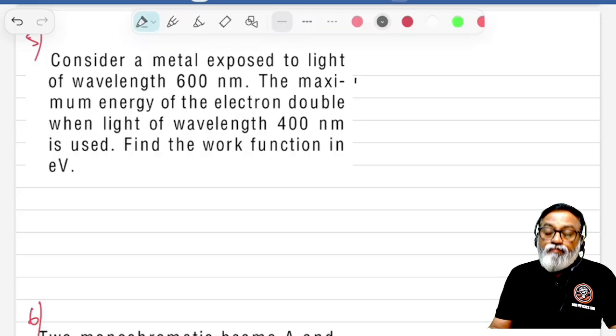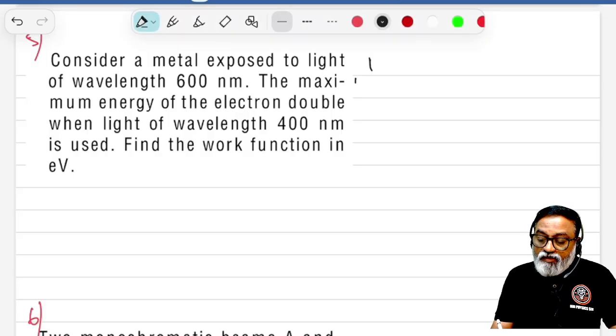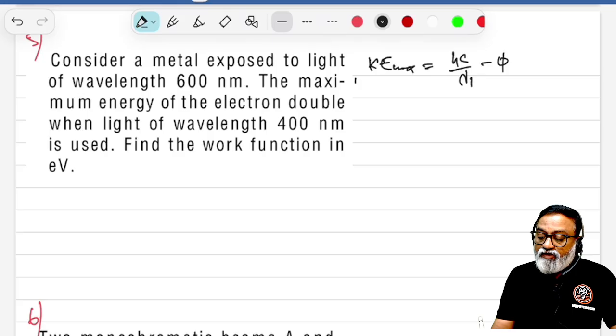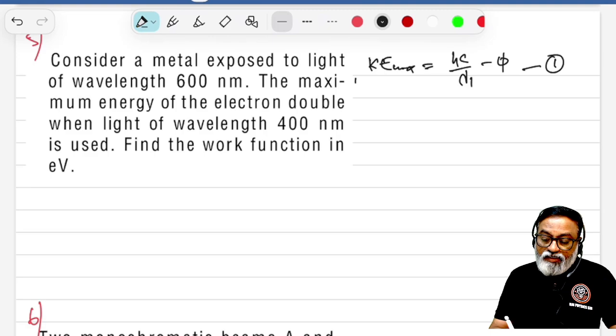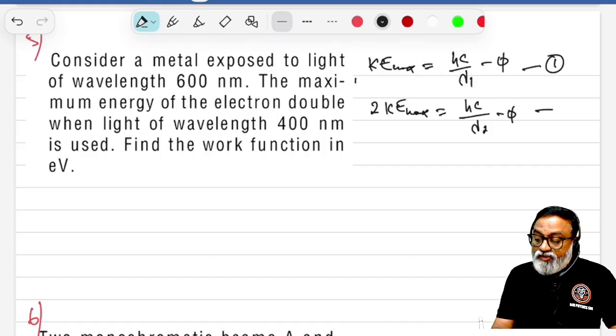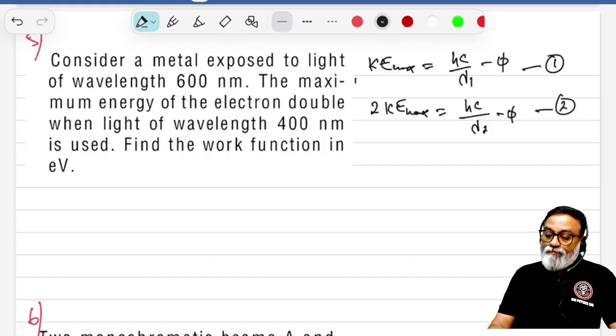According to Einstein's photoelectric equation, maximum kinetic energy K_e max is equal to hc by lambda 1 minus work function phi. It is equation number 1. When wavelength changes from lambda 1 to lambda 2, kinetic energy becomes double, means 2 K_e max is equal to, now the wavelength is changed from lambda 1 to lambda 2, work function same. Why? Because the metal is same.